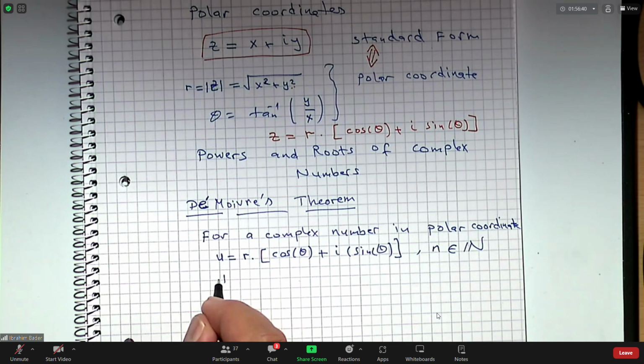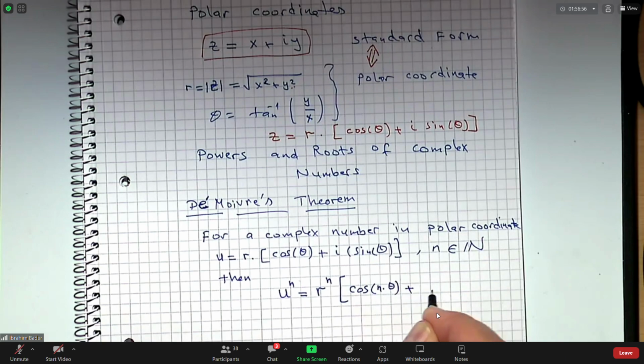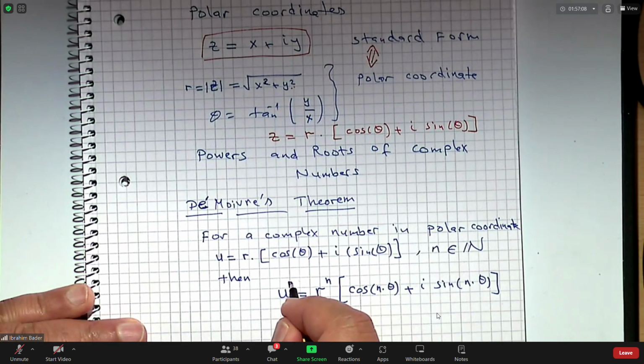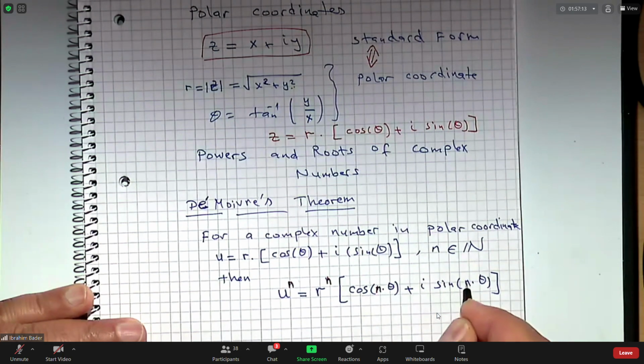Then u to the power n equals r to the power n multiplied by cosine of n theta plus i sine n theta. You see how simple that is? So I'll just highlight n here. n is the power here.